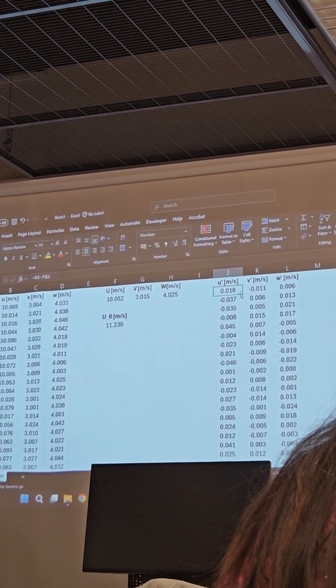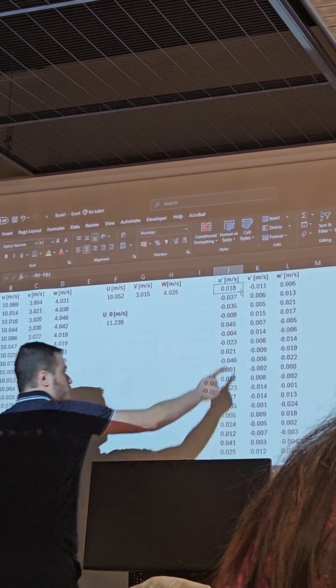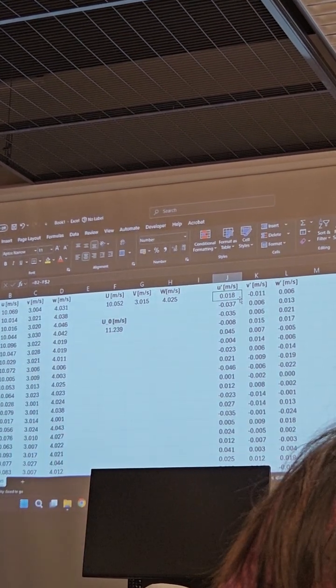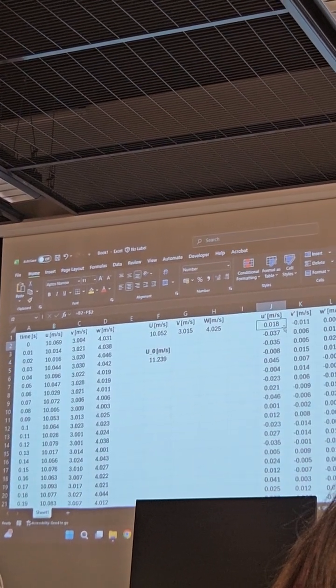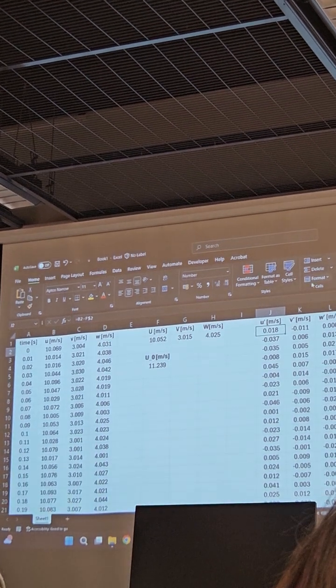So now we can also verify that the theory is right, so that the time average of this turbulent fluctuation is 0. Because we know that when we take the time average of instantaneous velocity, basically what's happening is that this component is 0. So you get rid of that. So let's check that everything is correct.